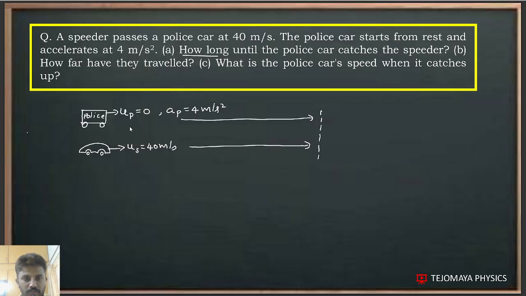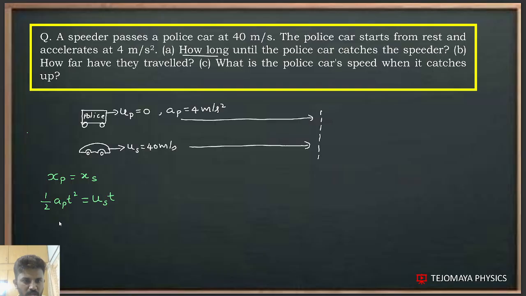Okay, we know that if the police car has to catch the speeder car, since both of them are crossing a point at the same time, distance traveled by police car should be equal to distance traveled by speeder. For distance traveled by police car, we can write ut plus half at square. Since u is 0, we can directly write half at square, which is equal to, there is no acceleration for the speeder, so in ut plus half at square, a will not be there, only us into t.